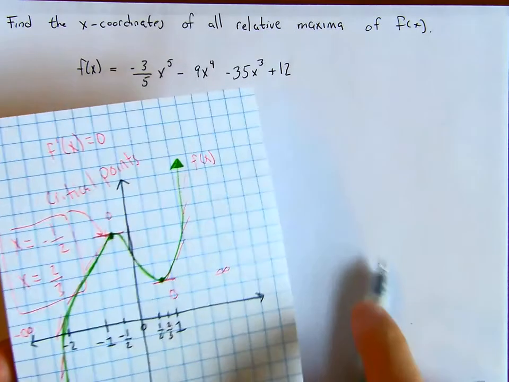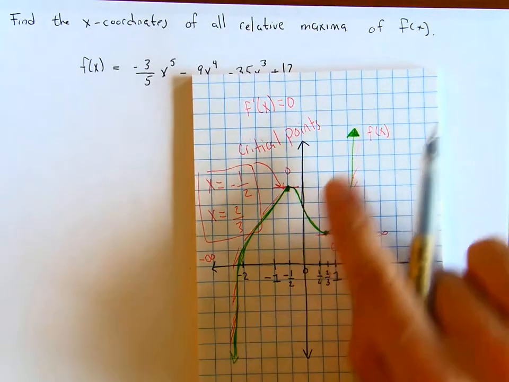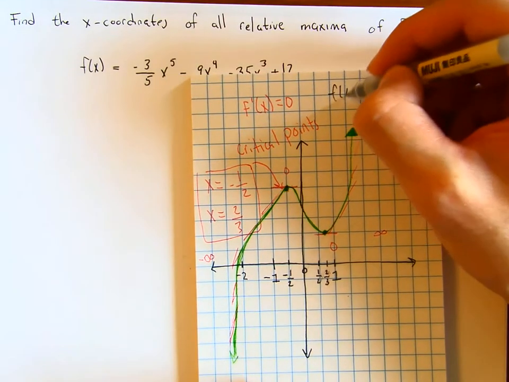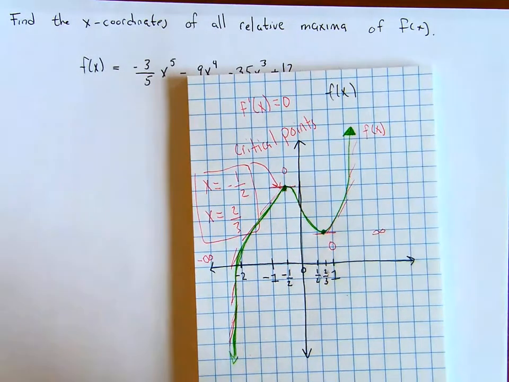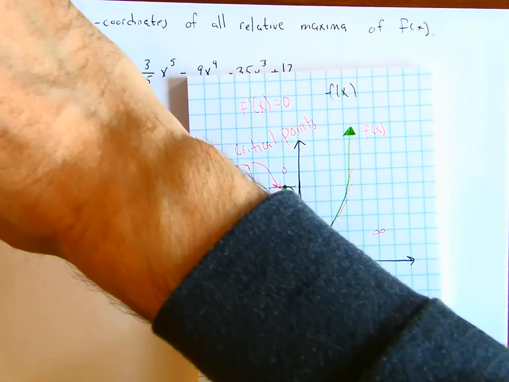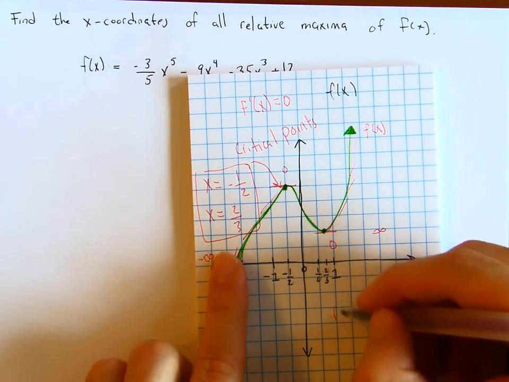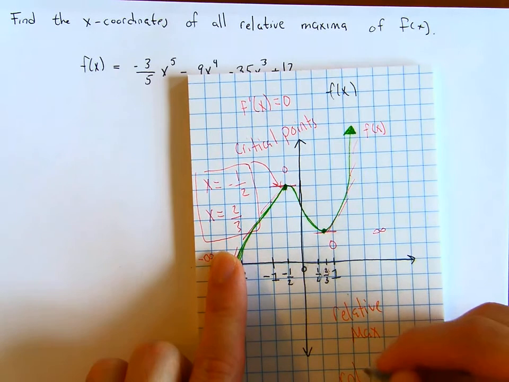It'll be very short. Going back to this example of f of x, where are the relative max and the relative minimum?